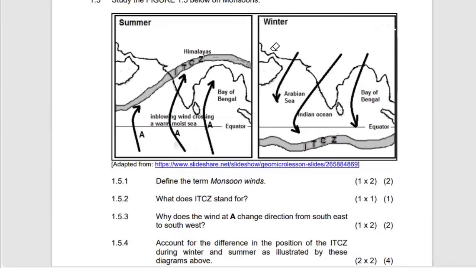Monsoon, we are looking at a seasonal wind that occurs mainly in tropical regions.